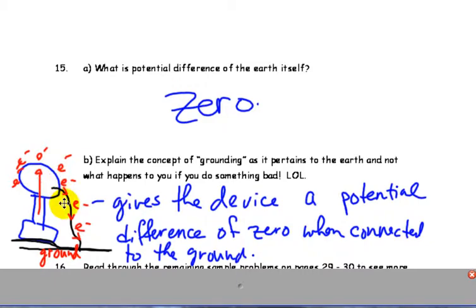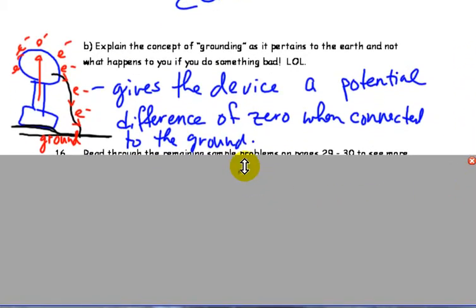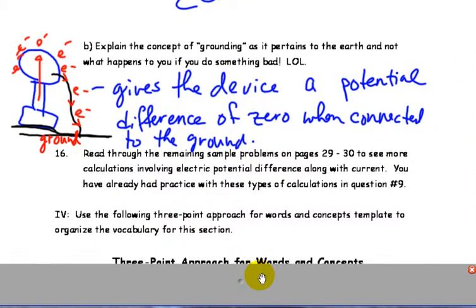If we wanted to discharge those electrons, we connect it to ground and they would go immediately to the ground. Or if I had stripped off all the electrons there, hooking up to the ground would cause electrons to go from the Earth to there to again neutralize it. So grounding, in effect, neutralizes the object itself.